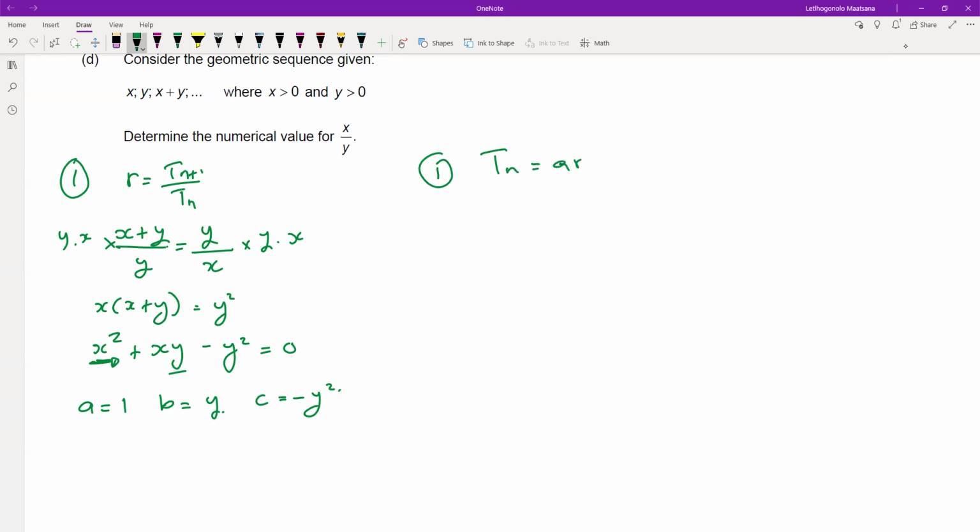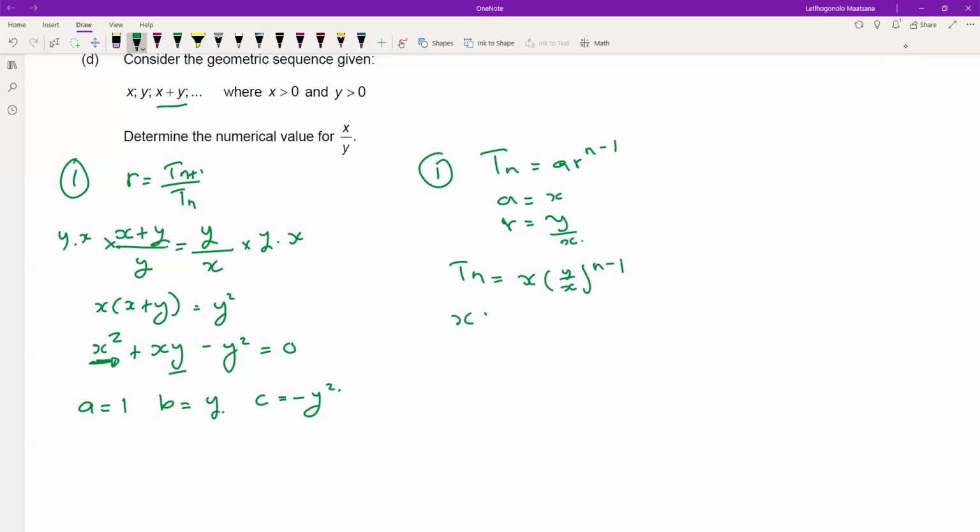Now, another way we can do this is by looking at the general equation and saying that Tn is equal to a r to the n minus 1. Our a is equal to x and our r is equal to y over x. So we can substitute that in and get Tn is equal to x times y over x to the n minus 1. We are given that for our third term we have x plus y.